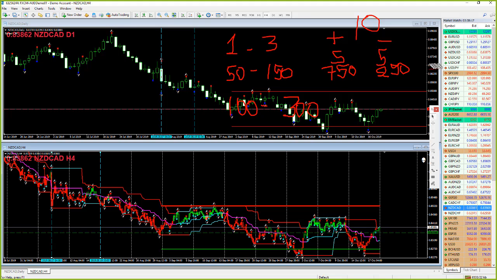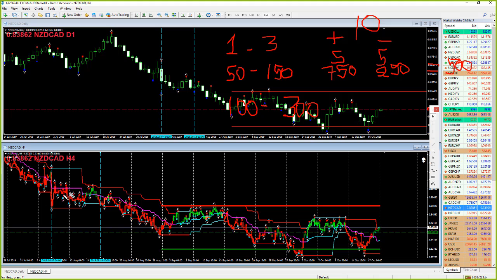So in total I still end up with 500 pips in my bank. Is that all right? Anybody would be happy with it.